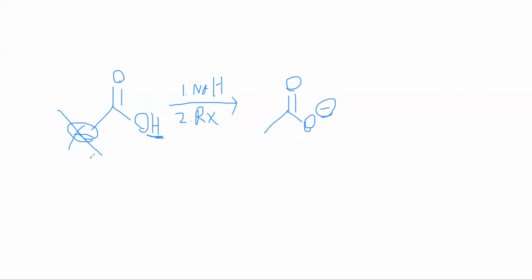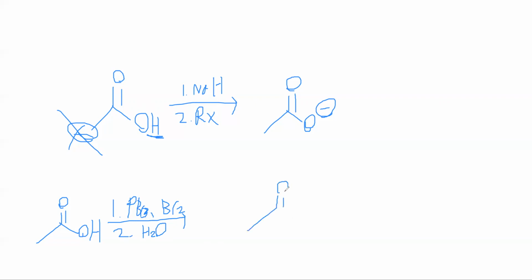There is one way to do alpha substitution with carboxylic acids, though. I'm not going to go over the details of this, but I've talked about it before. If you react a carboxylic acid with PBr3 and Br2, and you react it with water in a second step, that just adds a bromine to the alpha position.